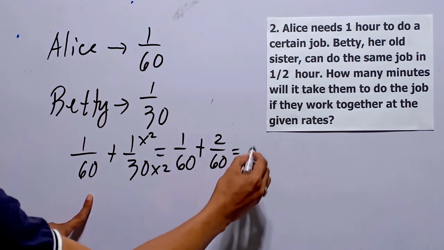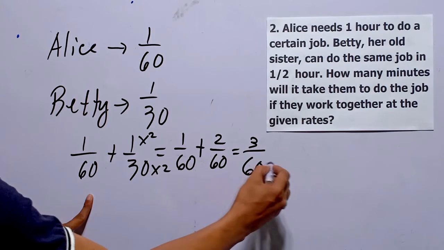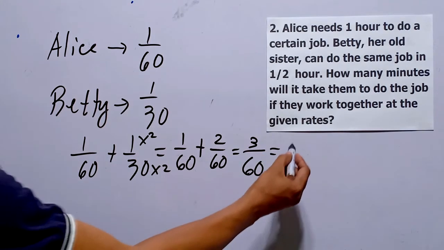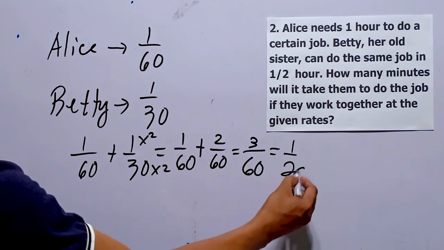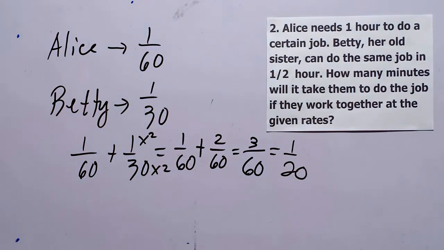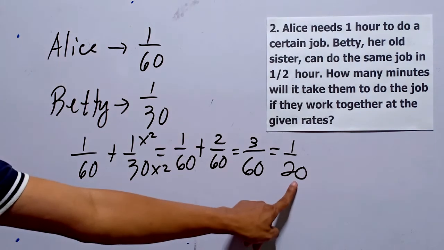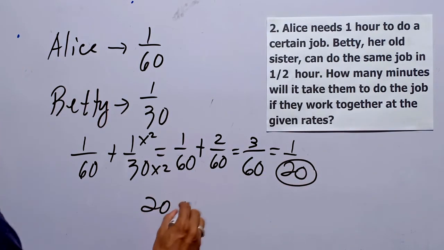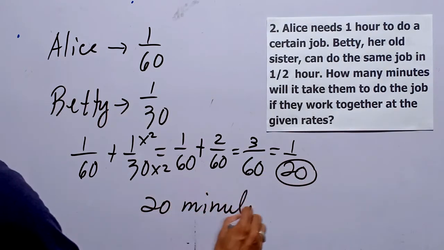So if you add, that's 3 over 60, lowest term, divided by 3, that will give us 1 over 20. So meaning, if they work together, the entire job will require 20 minutes. So our answer is 20 minutes.